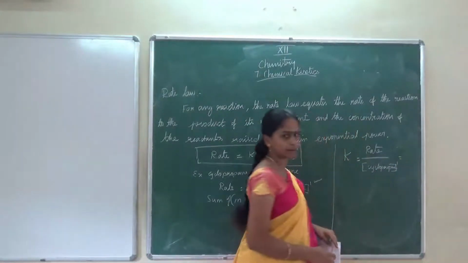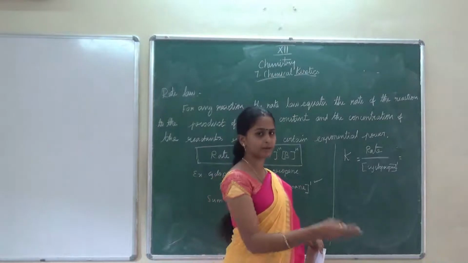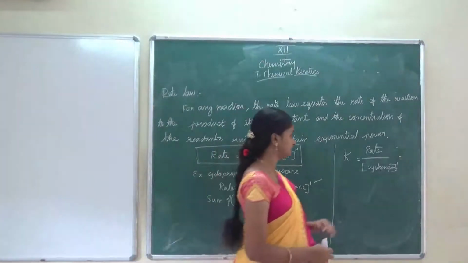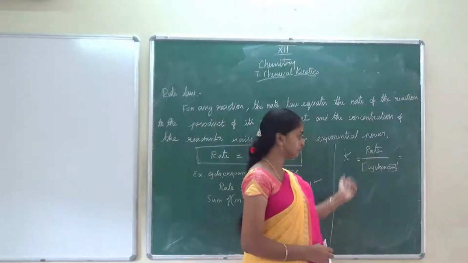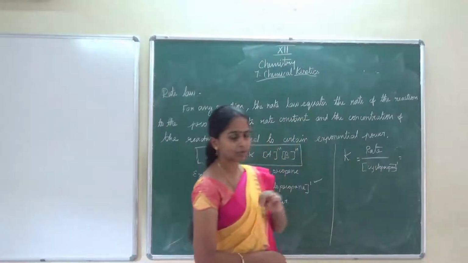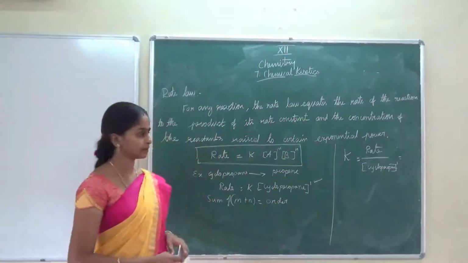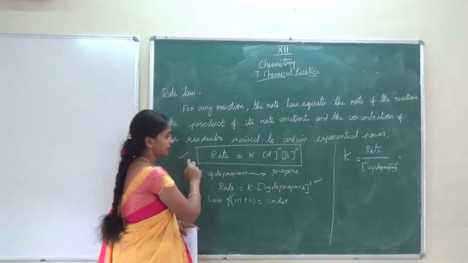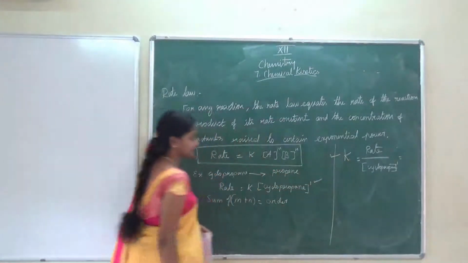They will give you the cyclopropane concentration, 2.90, like that. They will give you the rate value. When you divide, you will get the answer. Like this you can expect 2 more questions in your exams. So just copy down these 2 formulas, rate and rate constant.